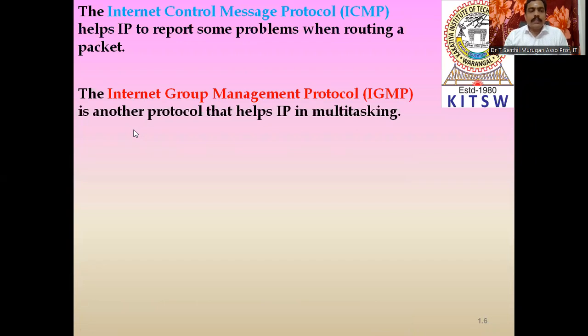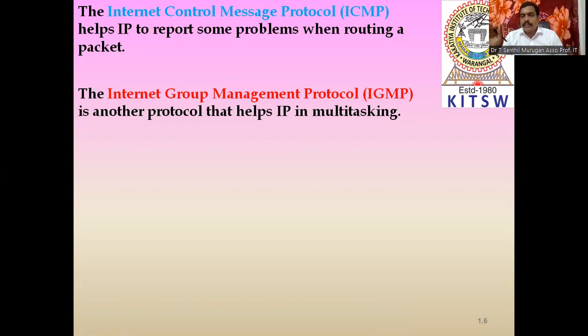The next one is the Internet Group Management Protocol. What is the use of IGMP? It is another protocol that helps IP in multicasting. So when the internet protocol is doing multicasting, the Internet Group Management Protocol works. Whenever we are sending information to a particular group, this protocol is used in the network layer.